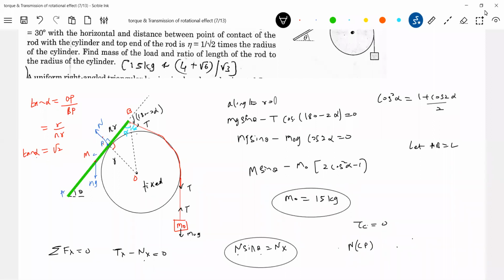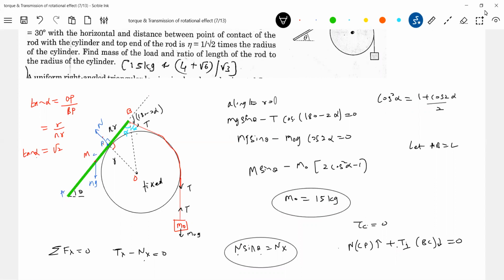N into CP anti-clockwise. Then torque due to tension. T into, it's not perpendicular, so you should calculate the component of tension perpendicular to the rod. I'll write T perpendicular. T perpendicular into L by 2. Will it be L by 2? It should be, no, from B to C. This will be clockwise. All set equal to 0.